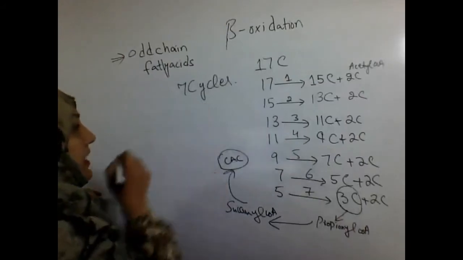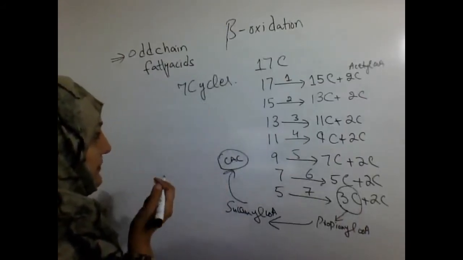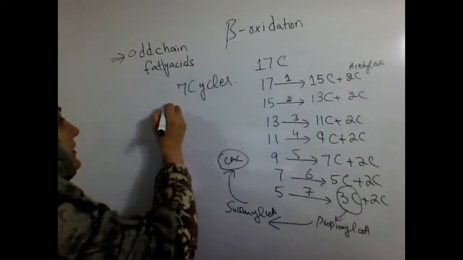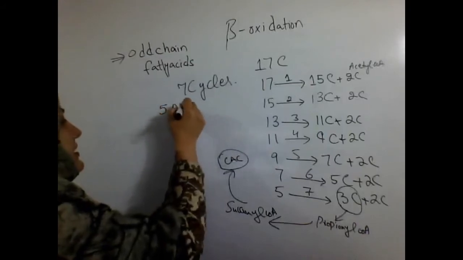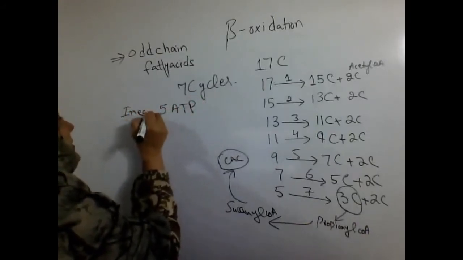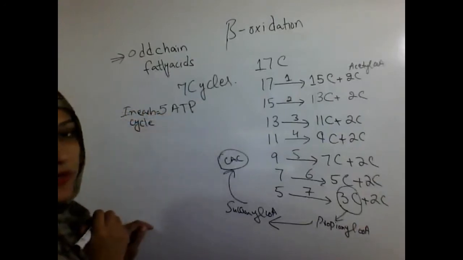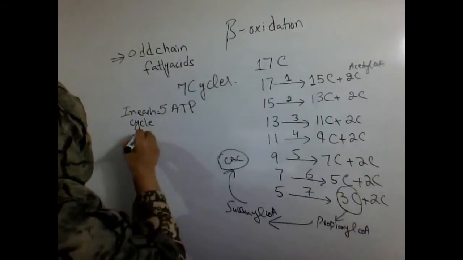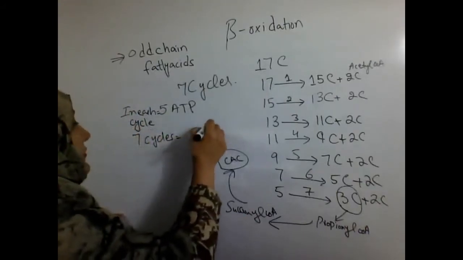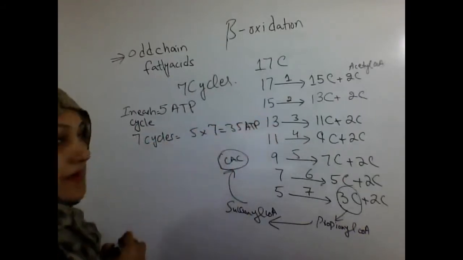In the 7 cycles, the amount of energy produced in each cycle is 5 ATP. So in the 7 cycles, 5 into 7, 35 ATP is produced.